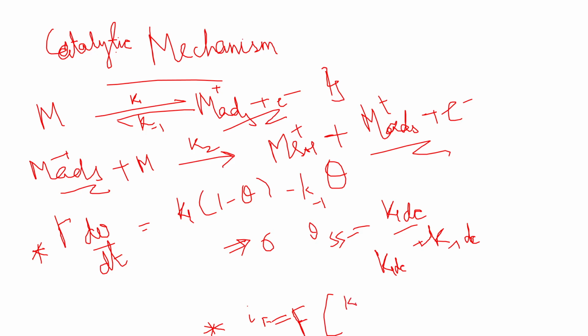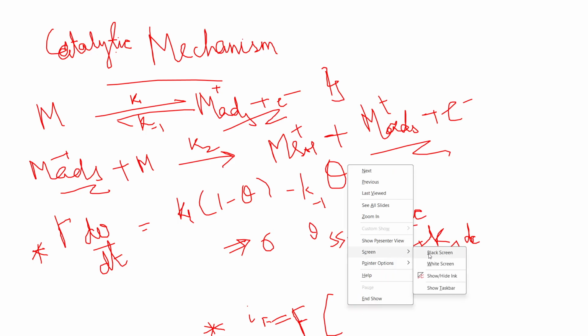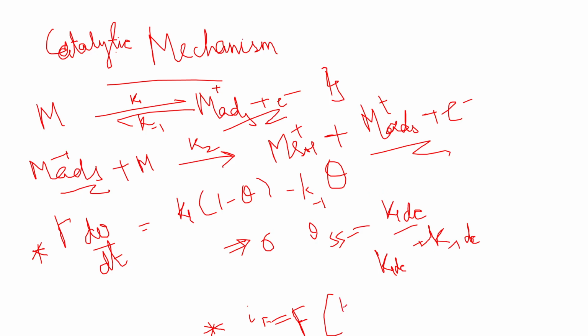So it would be nothing but K1 θ, K1 (1 minus θ), minus k minus 1 θ, plus k2 (1 minus θ) into θ, right?